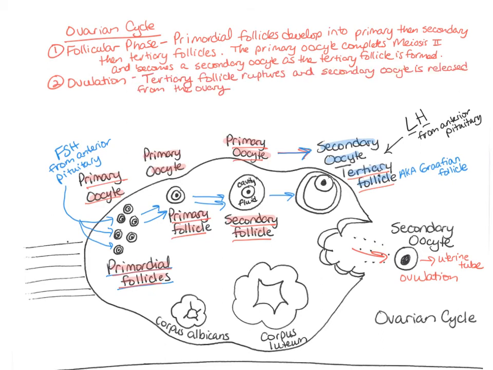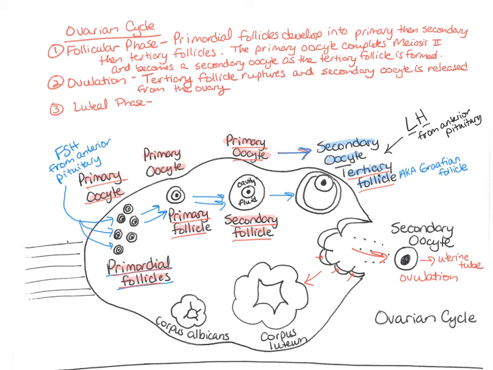The next phase is the luteal phase of the ovarian cycle. So after that secondary oocyte is released, there's still follicle cells that are part of the ovary. Those follicle cells that remain in the ovary will develop into a structure called the corpus luteum.